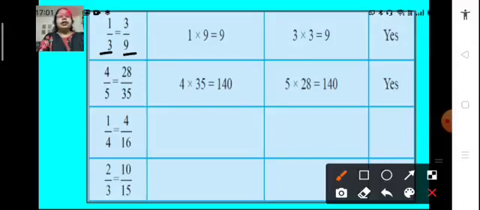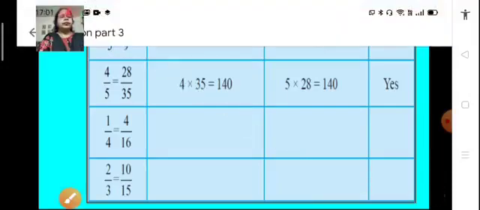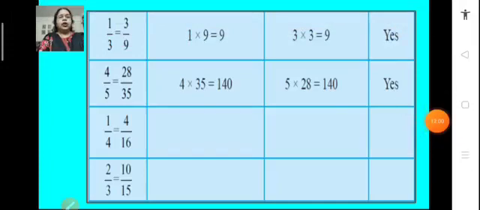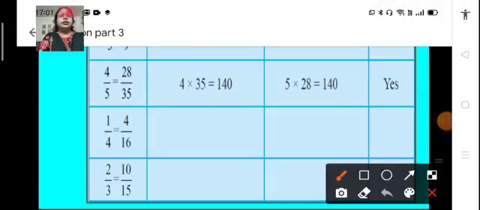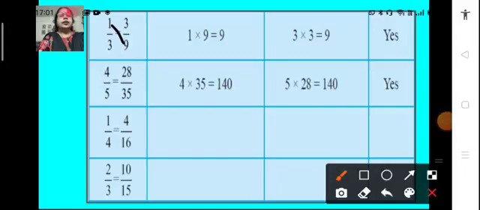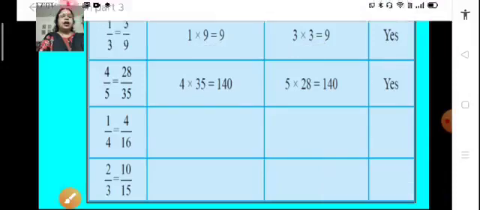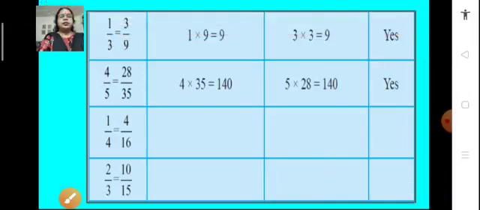First we multiply 1 and 9, and we get 9. Then we multiply 3 into 3, this is cross multiplication, and we get 9. So the cross products of the two fractions are equal. So these two fractions are called equivalent fractions.